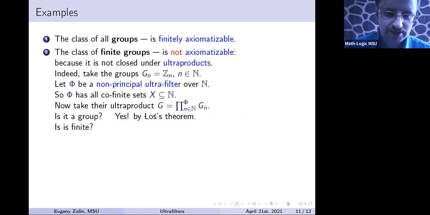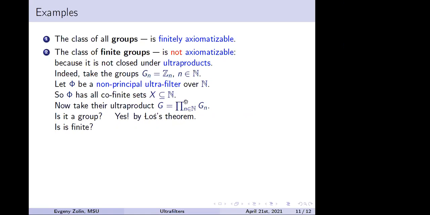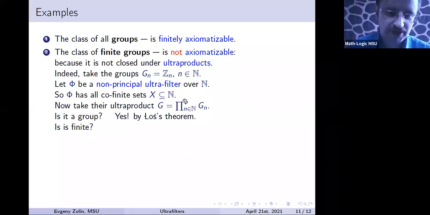So it is not quite obvious. If we have simply the product, then of course this will be infinite. It will again be a group, since we know that groups are closed under products. It will be an infinite group. Moreover, it will contain continuum many sequences, in particular all sequences of zeros and ones.